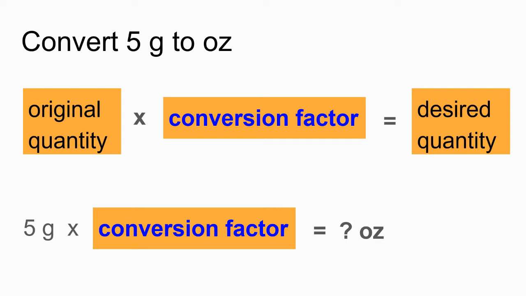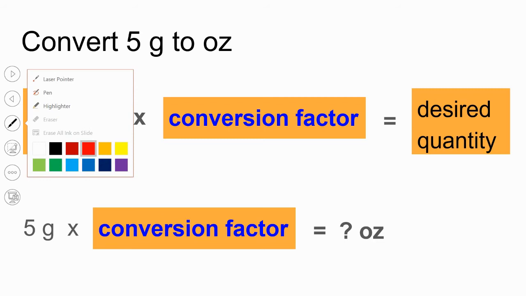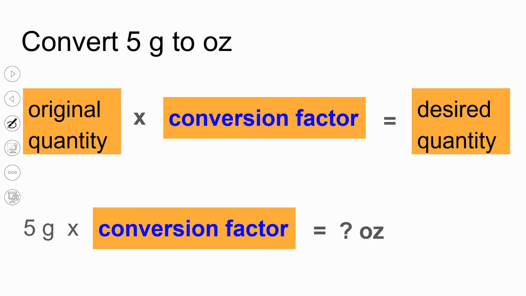So let's try that. If we put the one with grams on the top, grams per ounce, what will our units be at the end? So our units will tell us what to do.